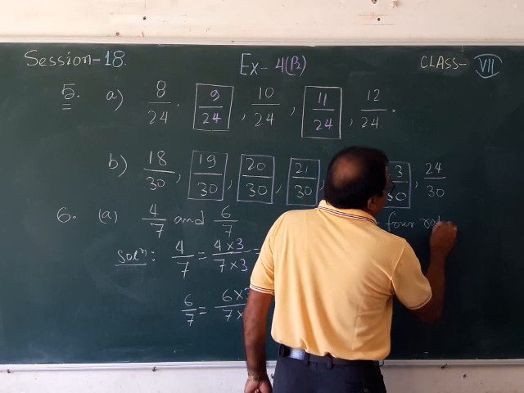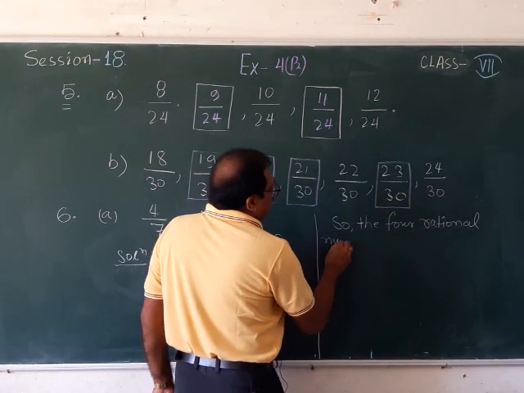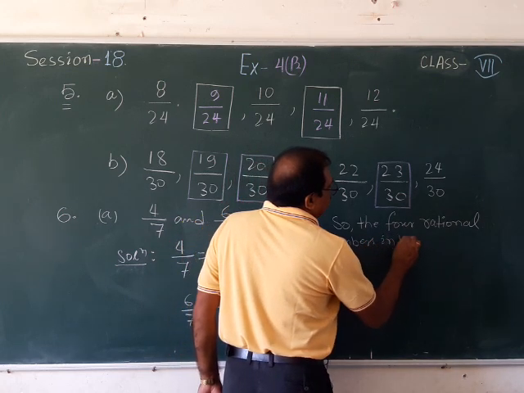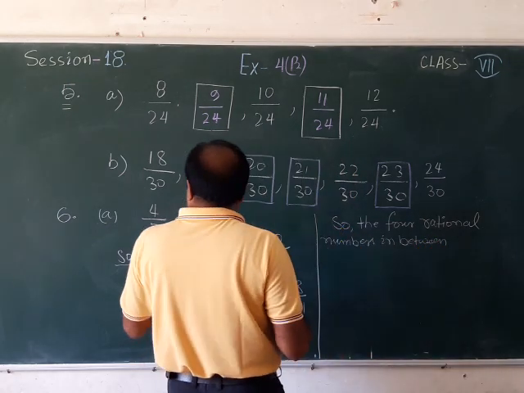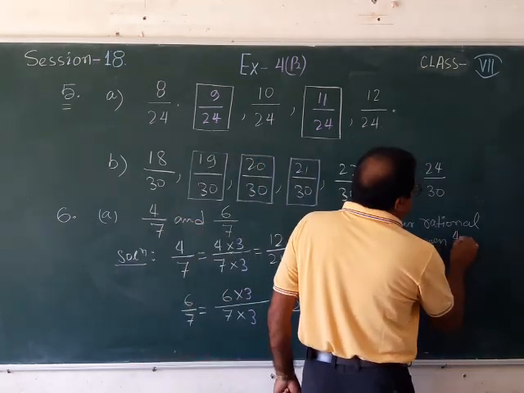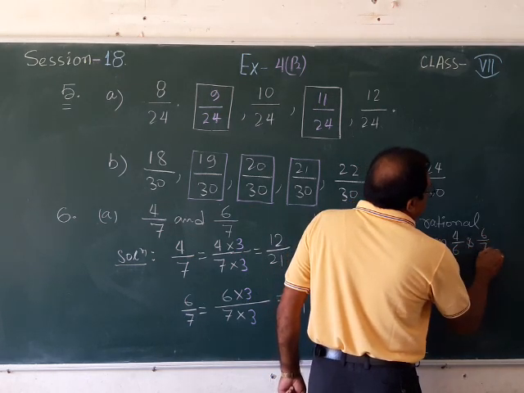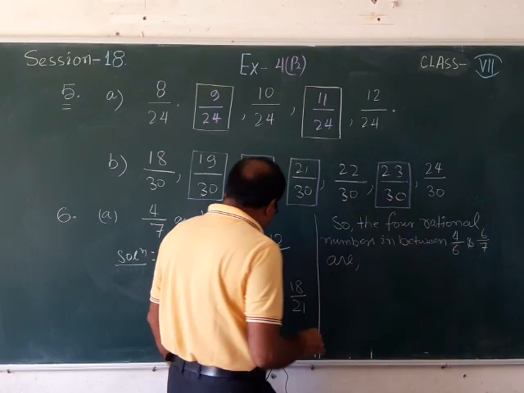4 rational numbers in between 4 by 7 and 6 by 7. What are the numbers you are having?